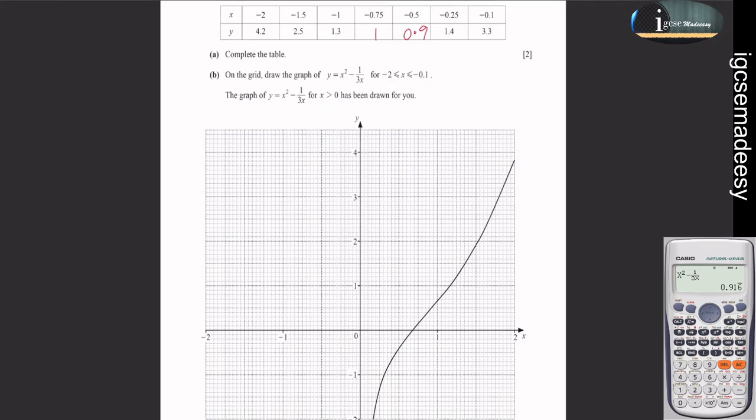Now in this part B, we are going to plot the graph using the table. So here minus 2 and 4.2 is there.